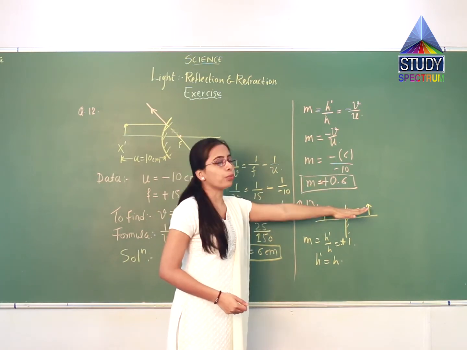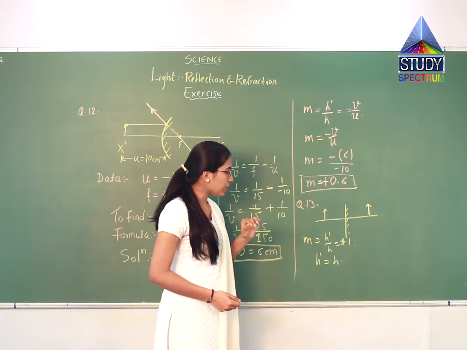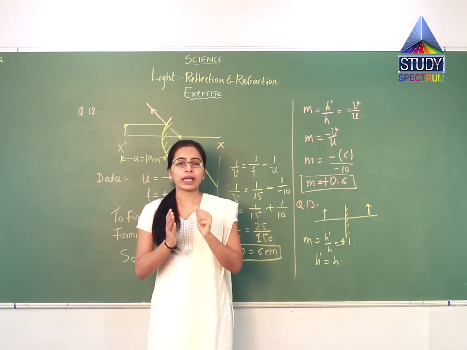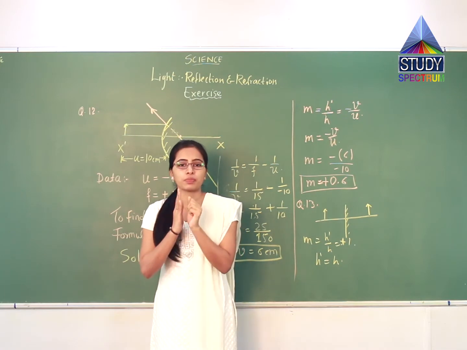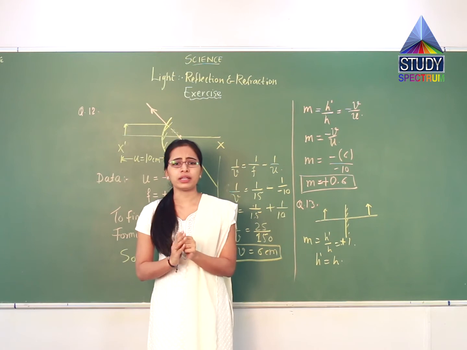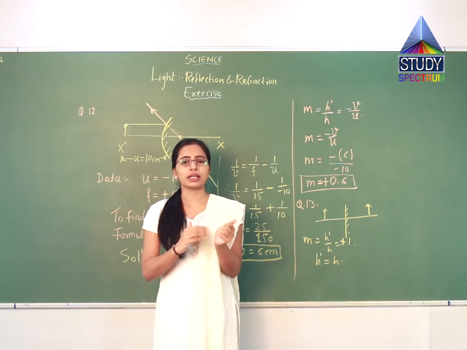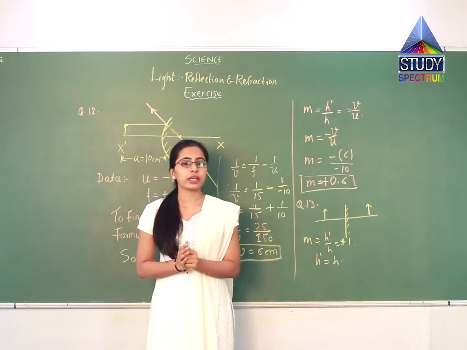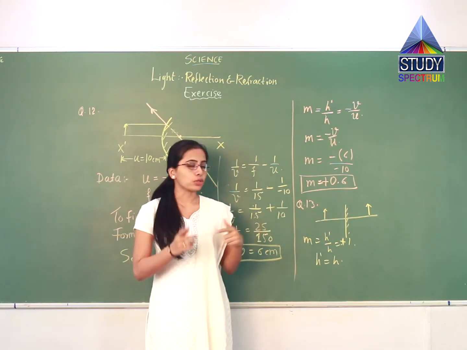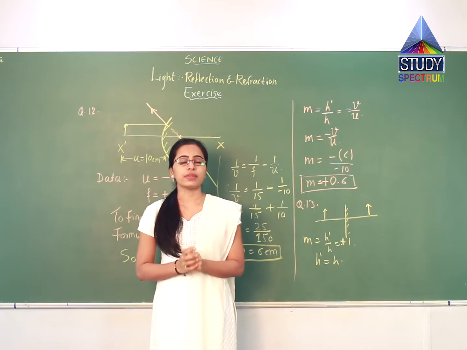So that means they both are erect and both are equal in size. So you will mention that the magnification produced by plane mirror is +1. It shows us that image formed by the plane mirror is the same size as that of the object, and positive sign shows us that image formed is virtual and also it is erect. So this will be the answer.